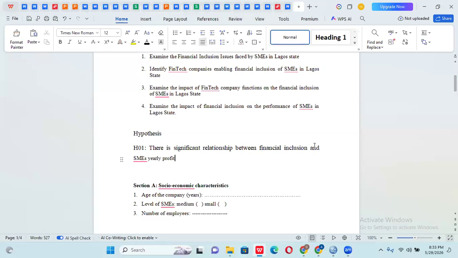So there's no correlation between financial inclusion and SME yearly profits in Lagos State.